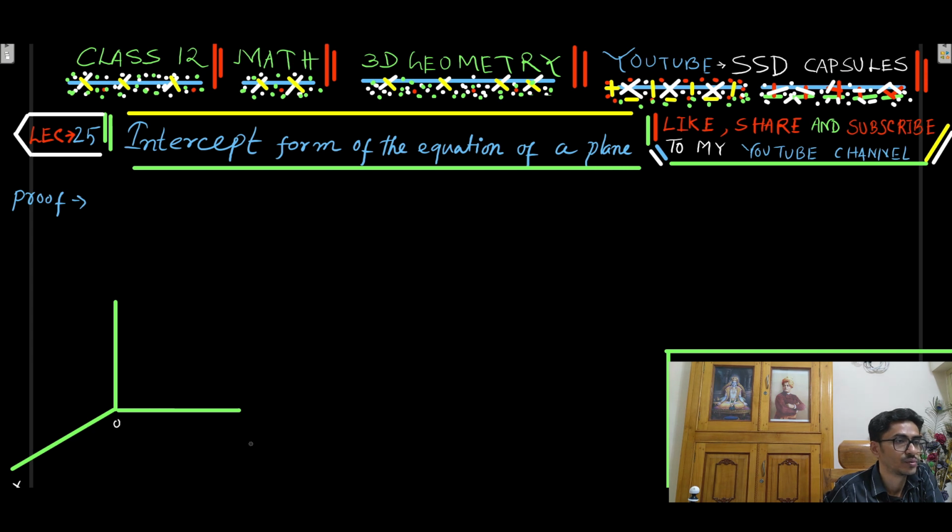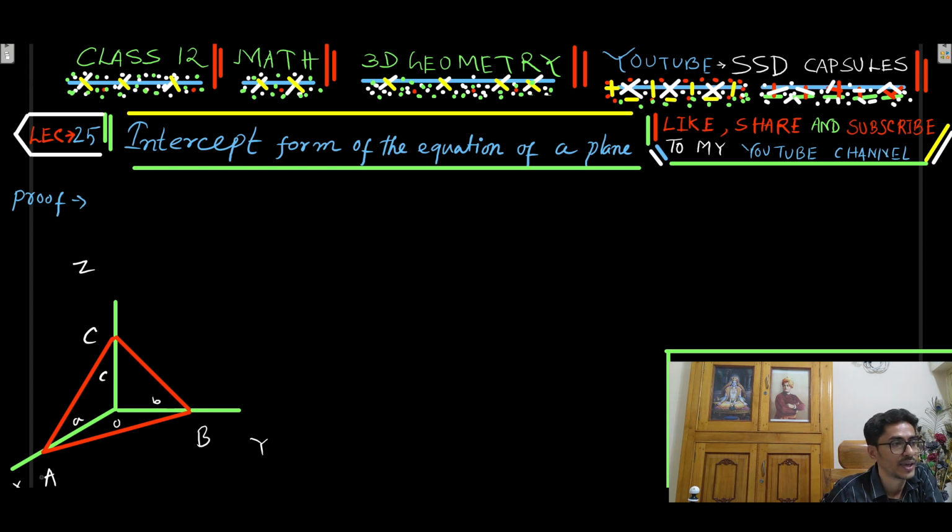O, x, y and z, and say this is the plane in intercept form denoted by red lines. Now say this point on the x-axis is capital A, as I have told you with the model. This one point is C. Now this portion length is a unit, this one b unit and this one c unit.